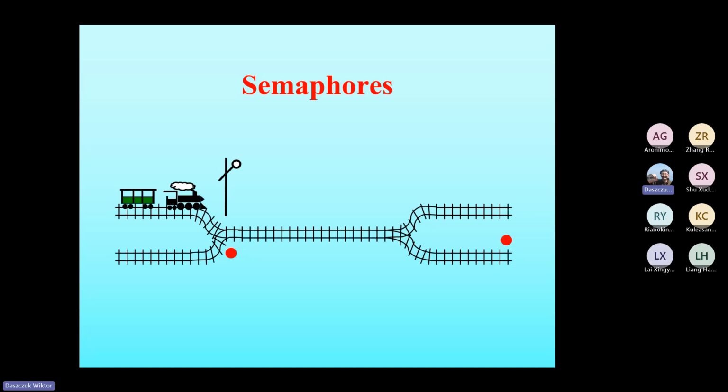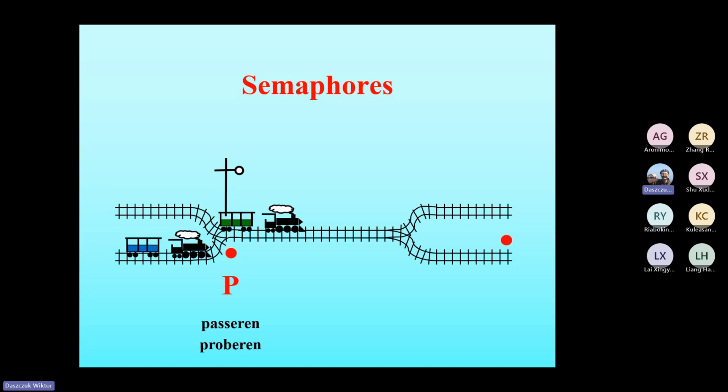And this mechanism pulled a wire, and this wire lowered the semaphore. Now it's done electronically, but the rule is the same. So the train influences the semaphore. This is some sensor point of the semaphore, which causes the semaphore to fall down.